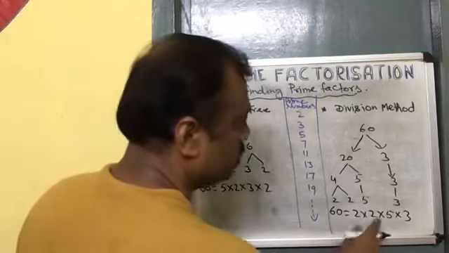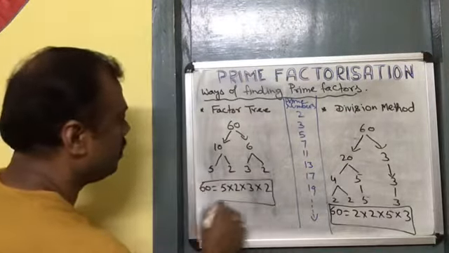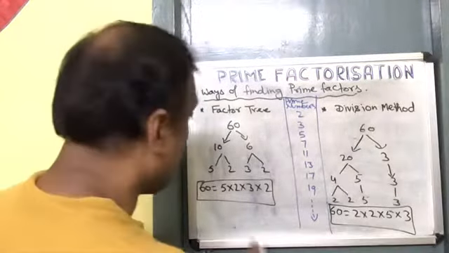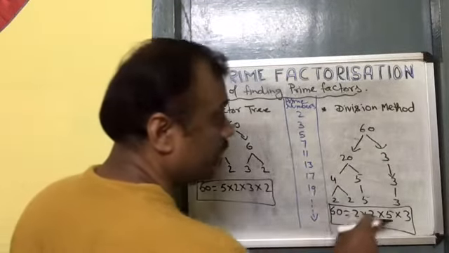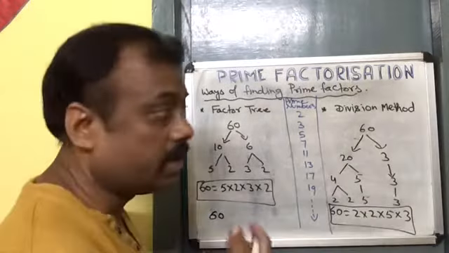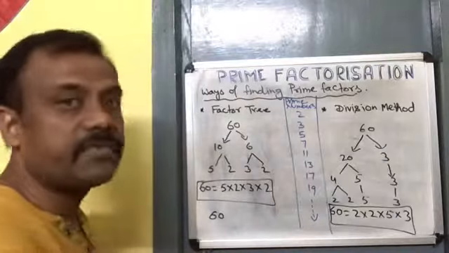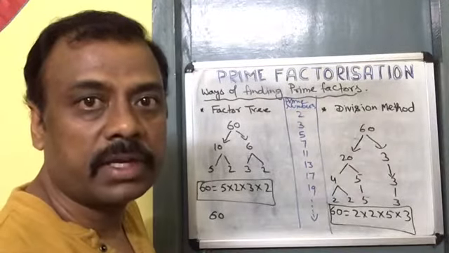Both represent the prime factors of 60, but the order is not the same. The order of the prime numbers is not the same. As I already discussed, apart from the order, the prime factorization of a given natural number is unique.